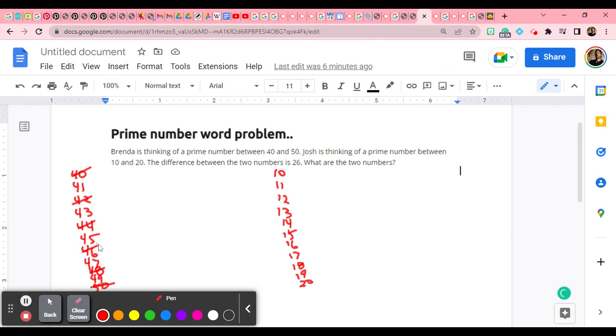Now we can just look at these and ask, do I know anything that goes into this? 45. Well, I know 9 times 5 is 45, right? So 45's out. I also see 49 down here. I know 7 times 7 is 49, so 49's out.